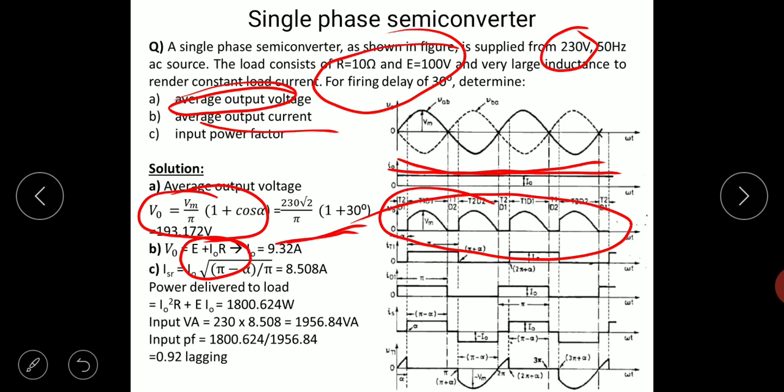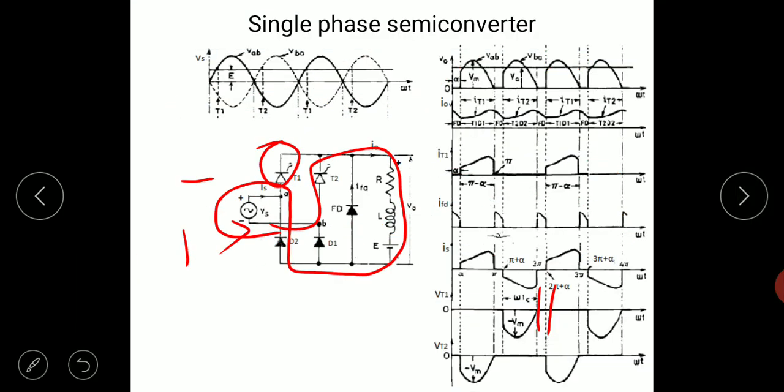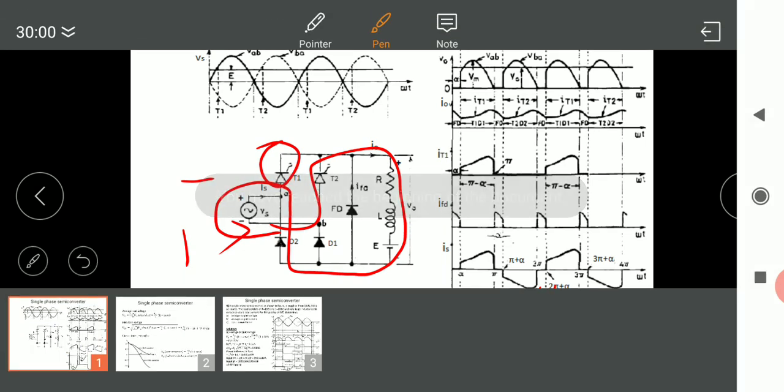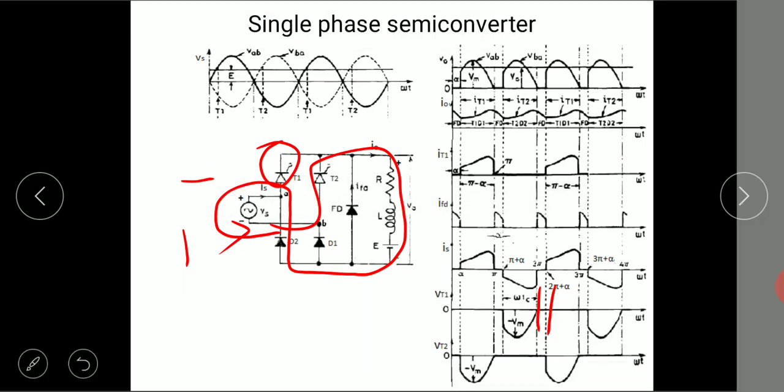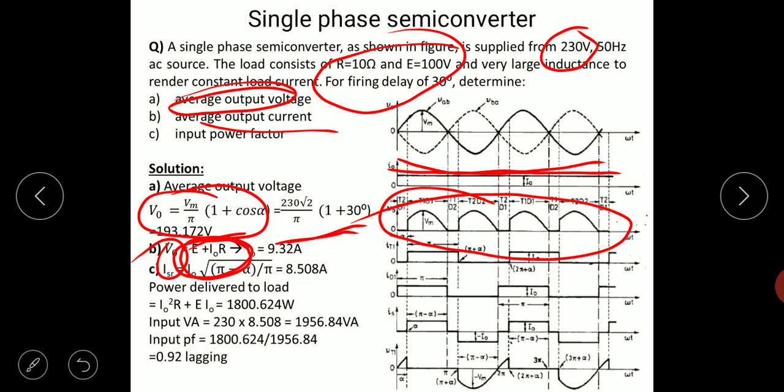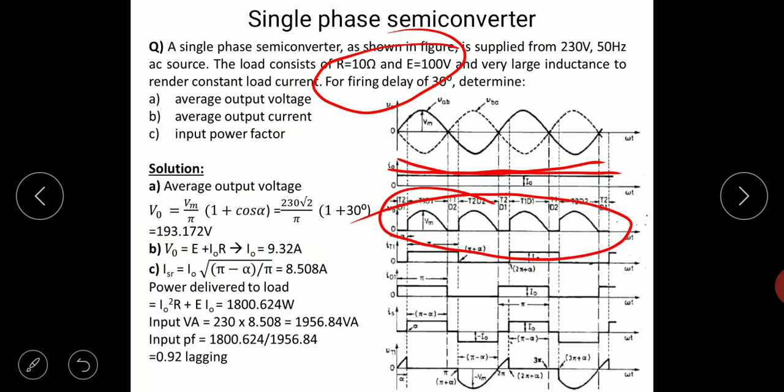There is no net change in current, and because the net change in current is 0, the average voltage across the inductor will be 0. So E plus I0 R at the load side will be equal to the total V0. We have just calculated the value of V0. We know E, so we can calculate I0 in this case.